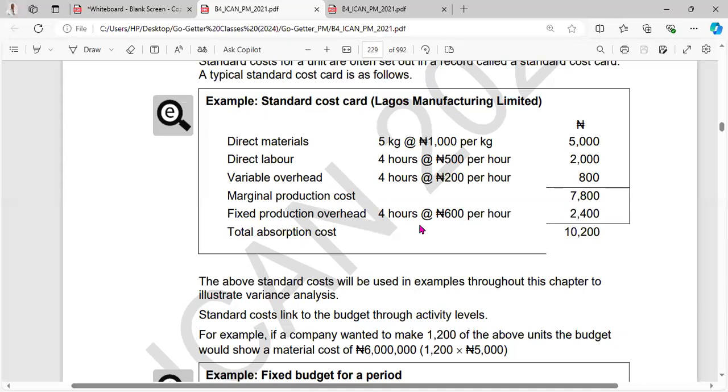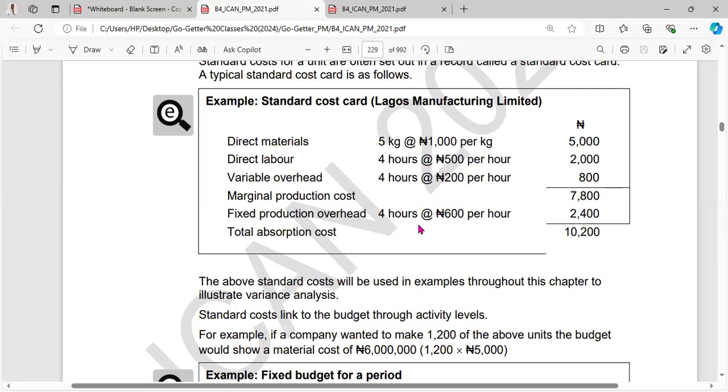This is because labor hours are the efficiency measure. You cannot spend variable overhead when there are no labor hours. So this variable overhead is spent as a result of work being done in those hours.